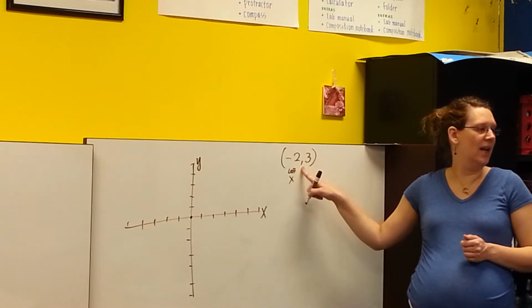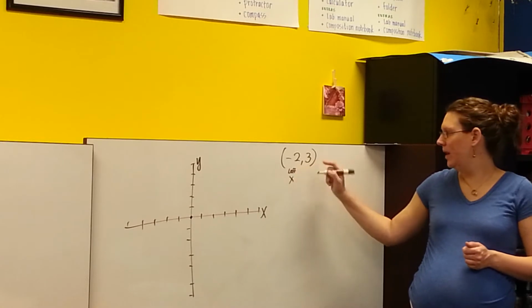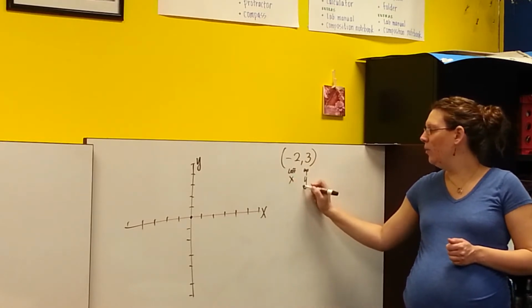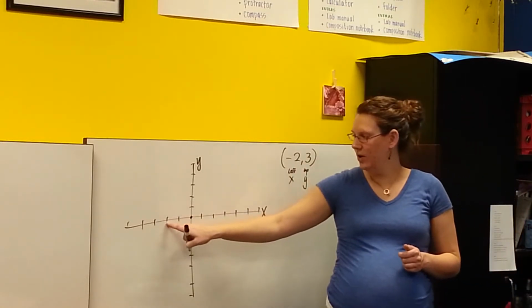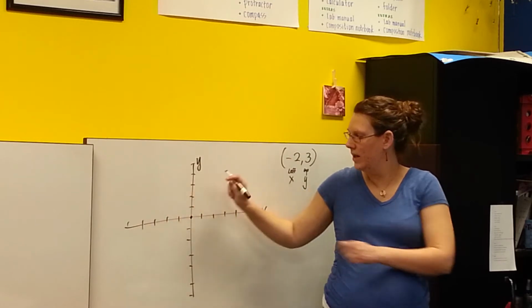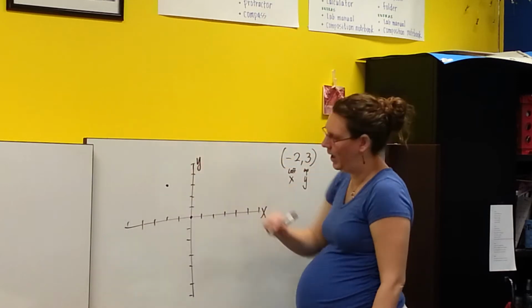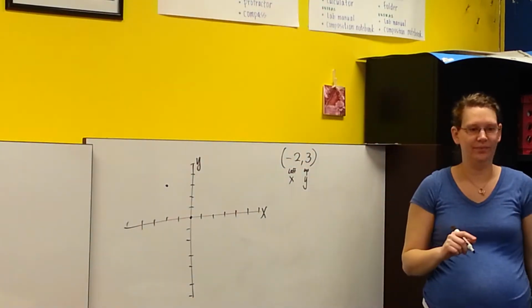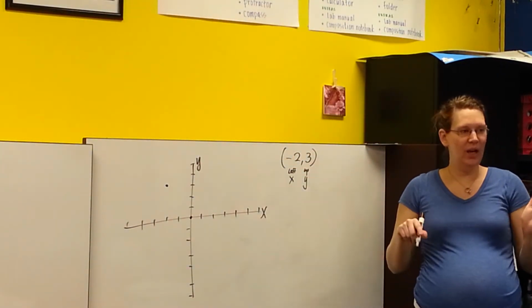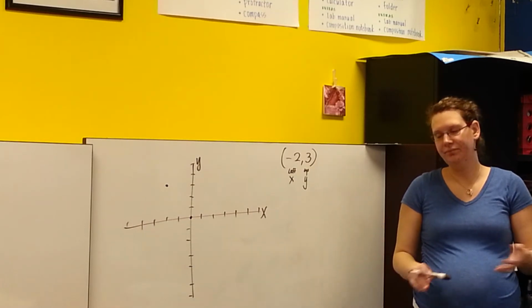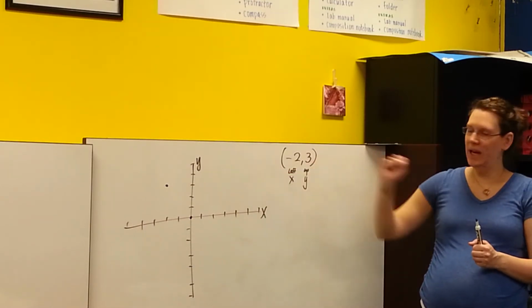Eyes here, please. Up. Good. So we're going to go up on the Y. So we went to -2. We're going up 1, 2, 3. So where those two meet, we can put it up. Okay? Easy enough. So you have to remember how to graph in order to graph a line. There's our point. -2, 3.